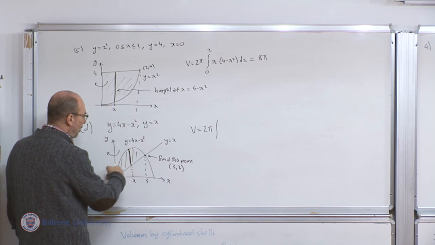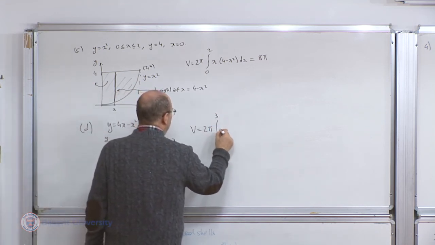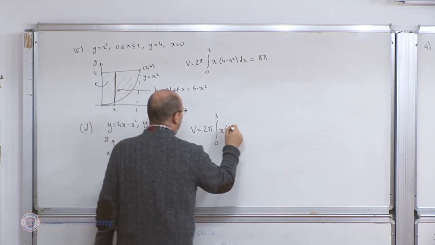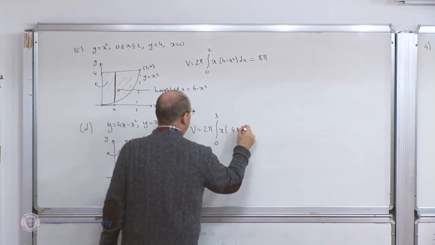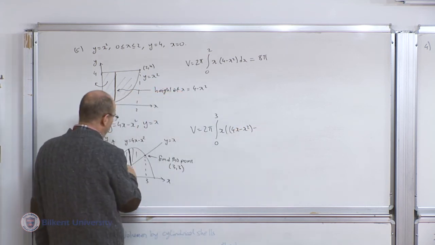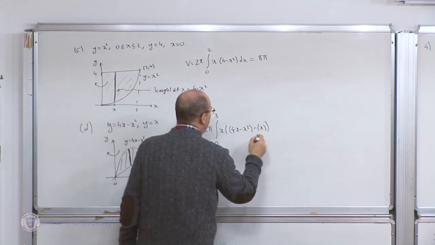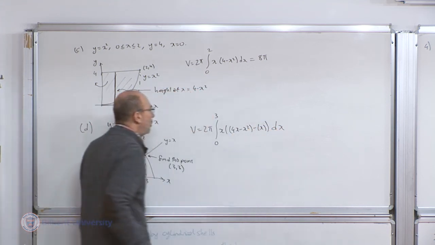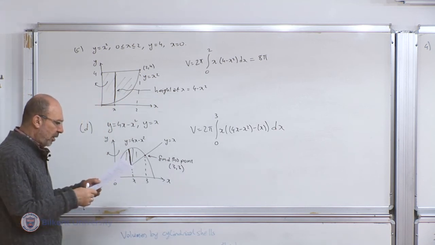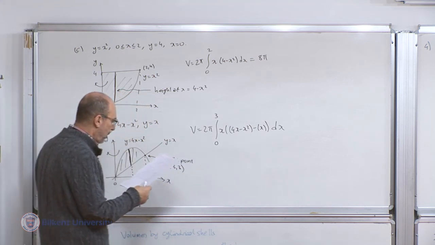That's when this thing will make sense. x times height. The height is 4x minus x squared, minus this height, which is x. Let me also put it in parentheses, dx. This is how you set up the integral. Once you set up the integral, the rest is easy.